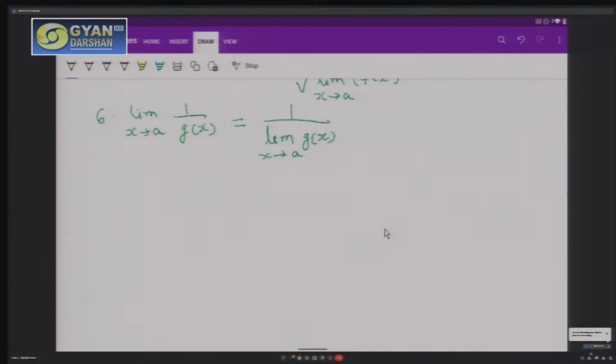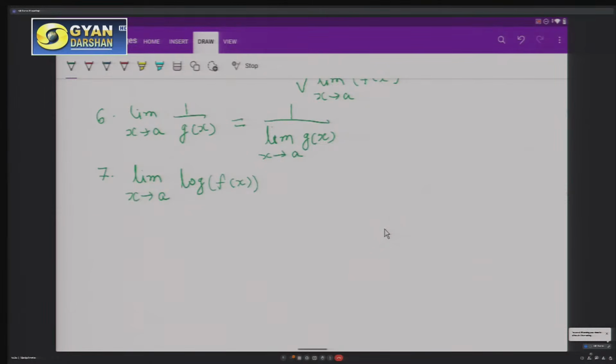Again for logarithmic function, suppose limit x tends to a log of f(x).